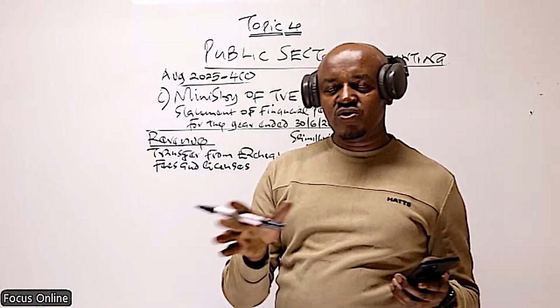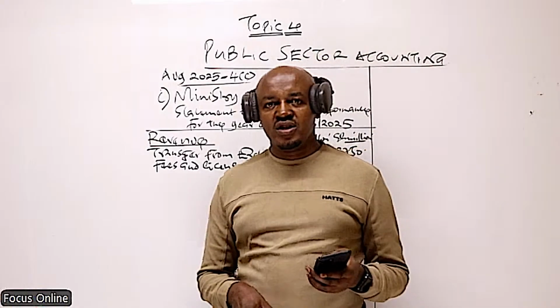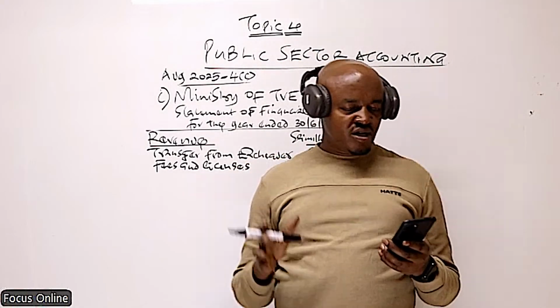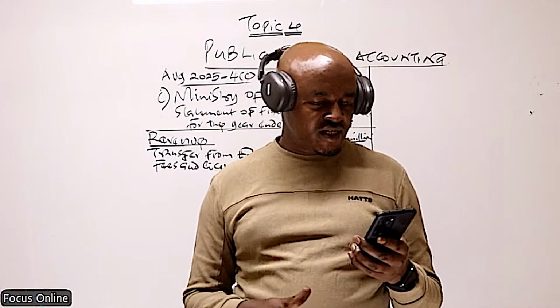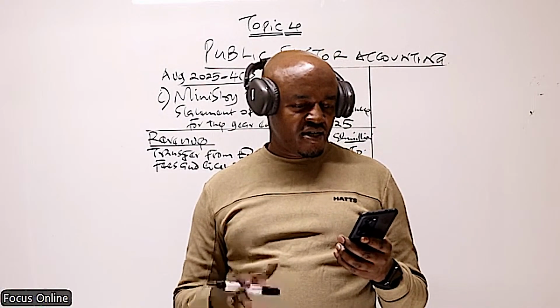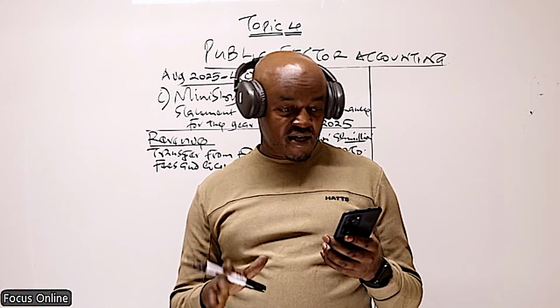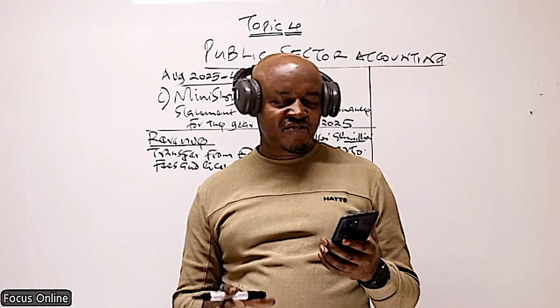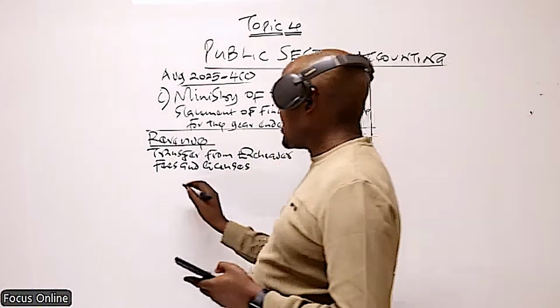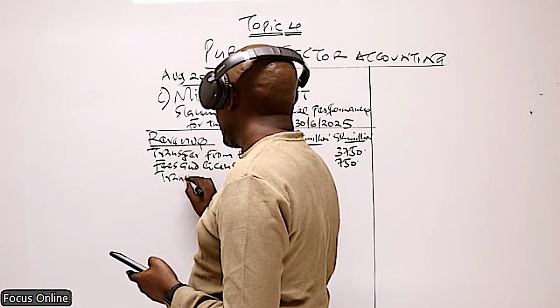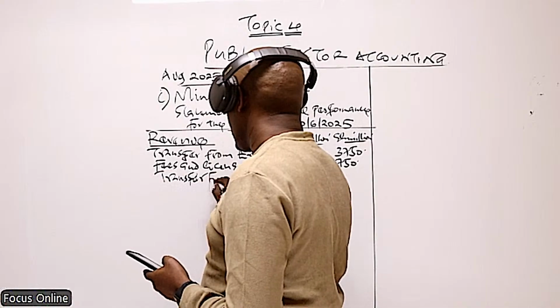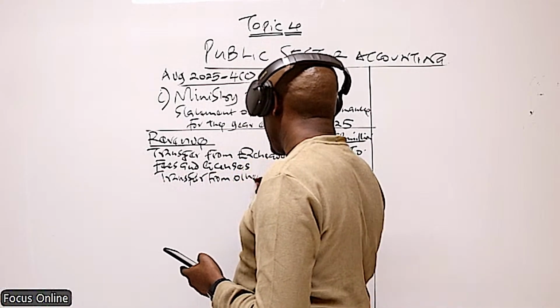I've said these are those items which are used in the office, like the stationery and so on. That is an expenditure. Wages and salaries, an expenditure. Other expenses, that is an expense. We have the transfer from other ministries. That is still a revenue. A transfer from other ministries.